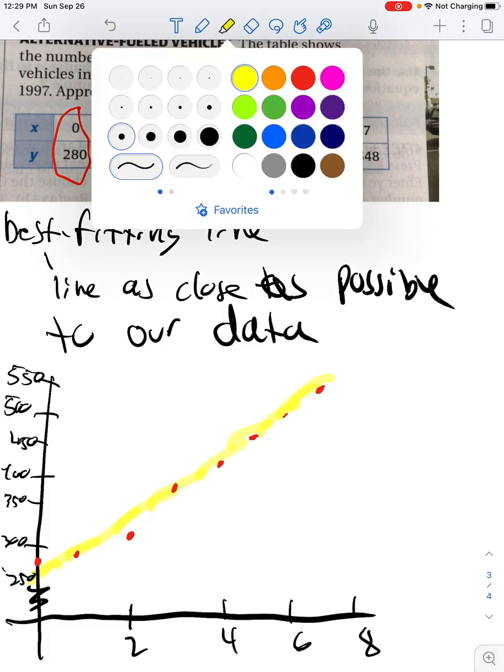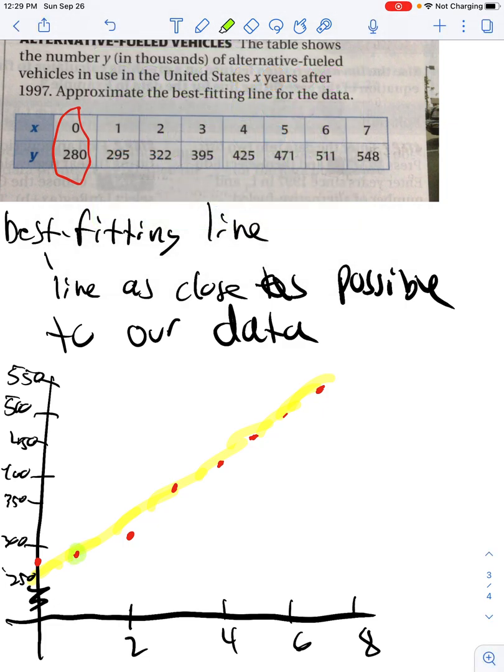My first point is 1 and 300, which I know wasn't exactly 300, it was 295, but I'm going to choose that to come up with my line of best fit. Your line of best fit may not fit any of your data, but it's going to be very close to all of your points of data. And then I'm also going to choose 7 and 548, but we can approximate that to 7 and 550.